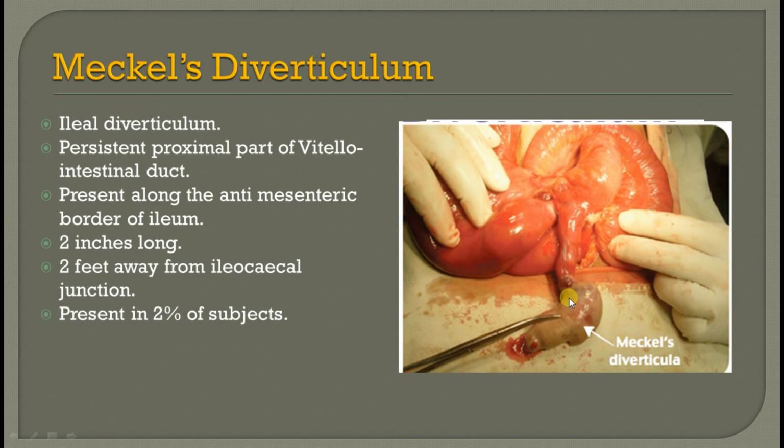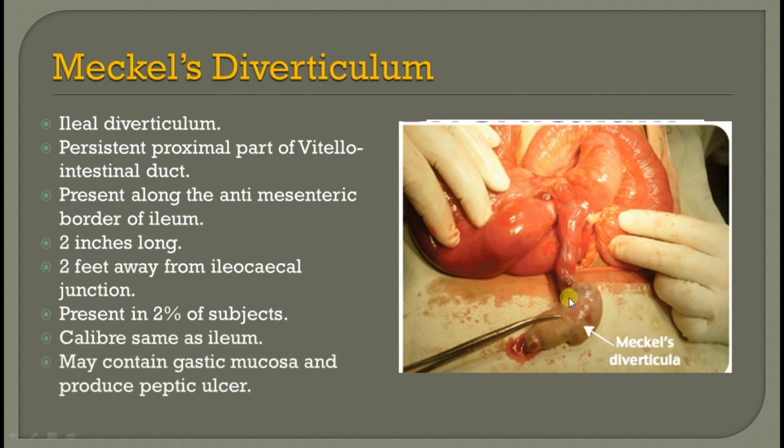Because of that, it might get ulcerated and inflamed, then it will produce pain and all those things. Second, sometimes pancreatic tissue might also be found inside this ileal diverticulum.